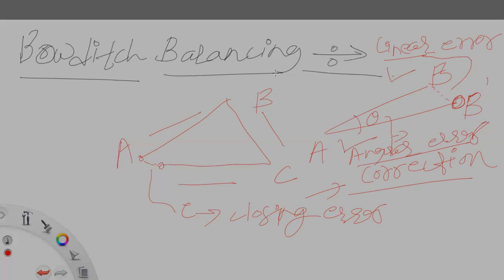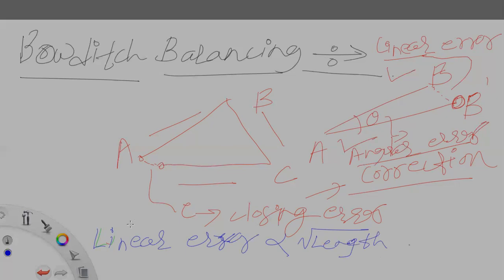Now, to balance it, we need to study one thing: your linear error is directly proportional to the square root of length.